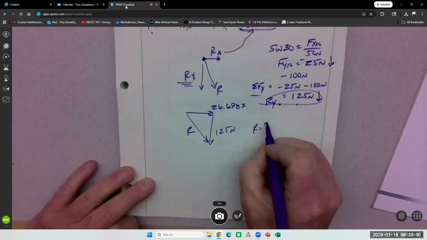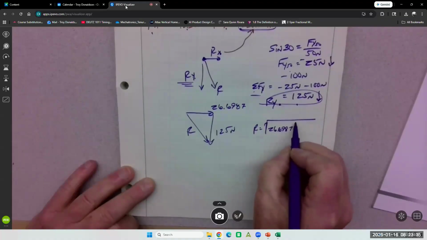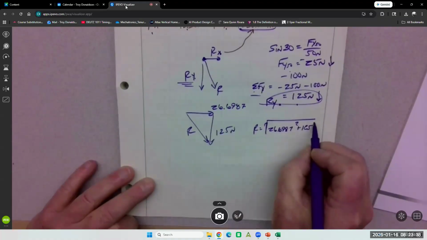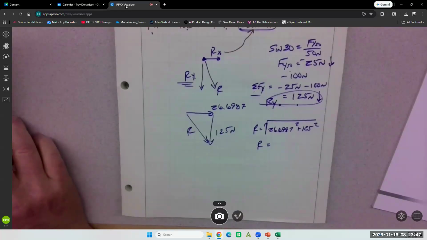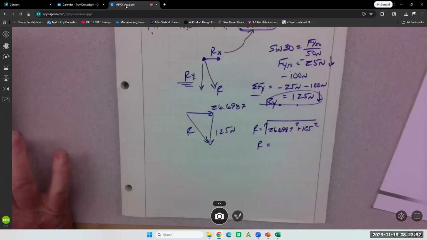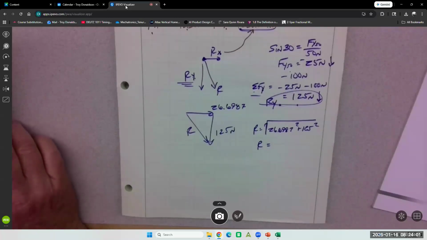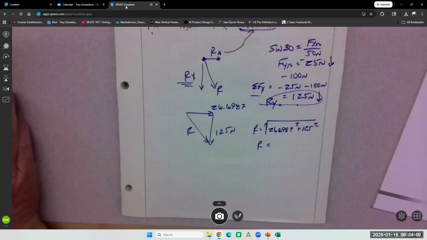So R is equal to the square root of 26.6987 squared plus 125 squared, and that's 127.82.